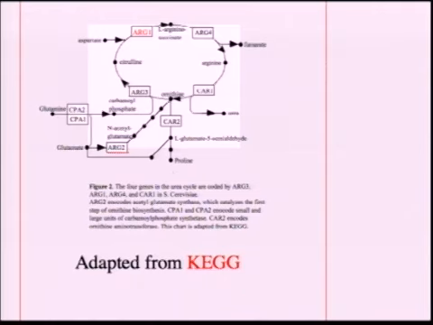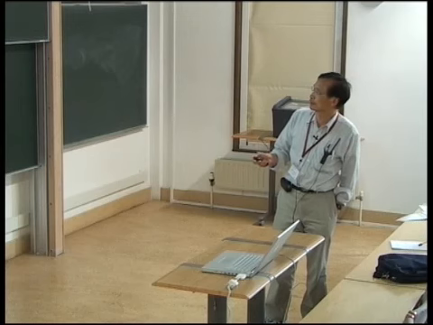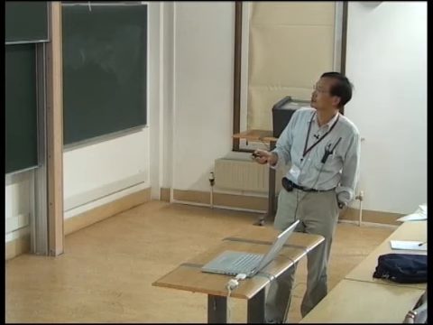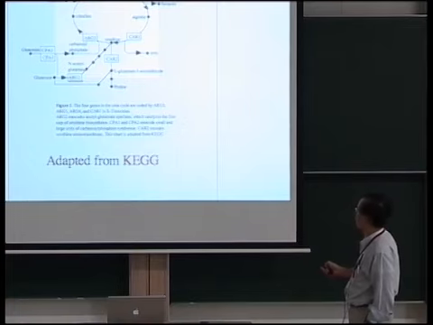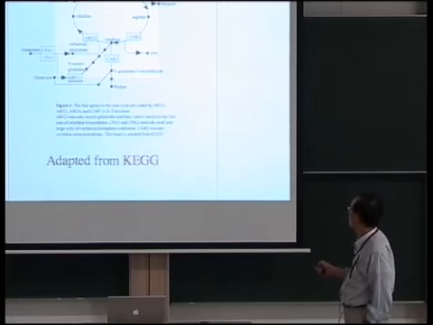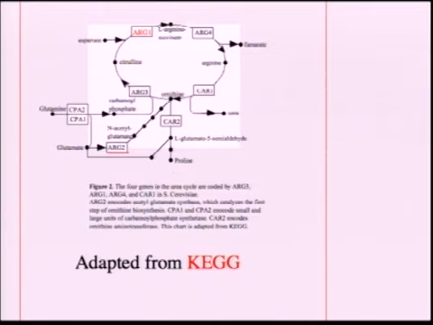And I was lucky to find it out through some Googling and so on. So anyway, this is the urea cycle that is important for my analysis. The purpose of this cycle is to try to maintain the proper level of arginine.